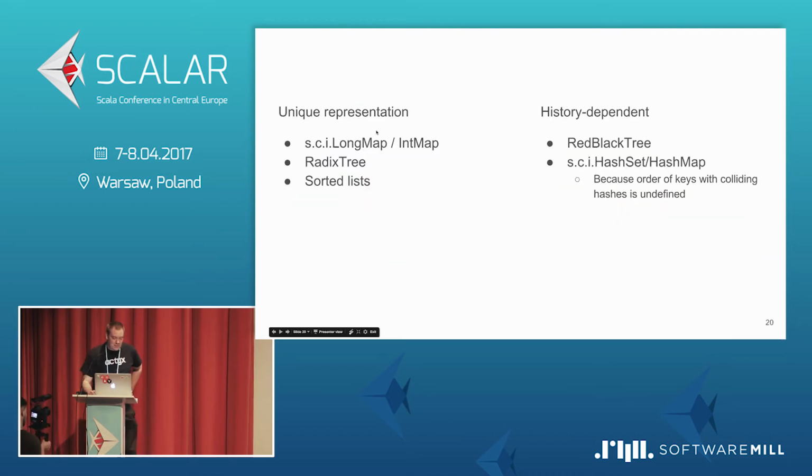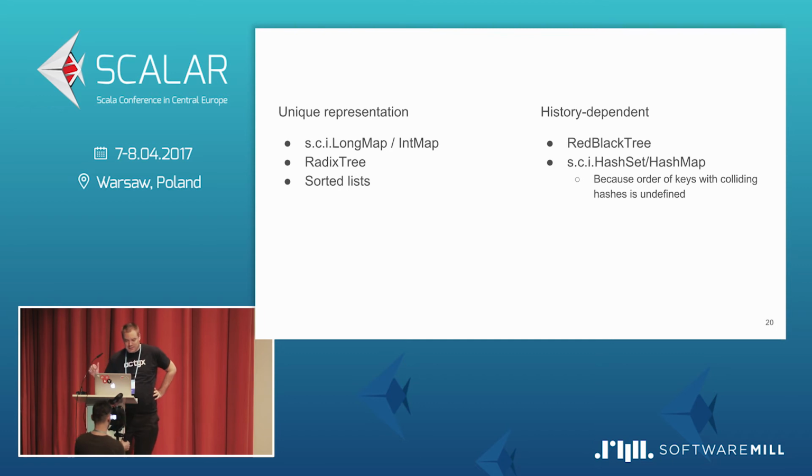There are actually some data structures with a unique representation in the Scala collections. The very old Scala collections immutable LongMap and IntMap have this property because they are radix trees. The radix tree, obviously, and something as simple as sorted lists also have the property, provided that the ordering is total. And collections which don't have a unique representation, which are called history dependent, we've seen the red-black tree, and very unfortunately also the HashSet and HashMap have this property, that the structure is not unique, which is only because of the collisions.